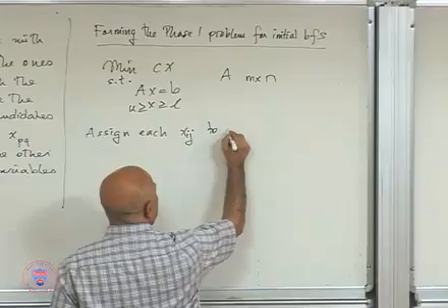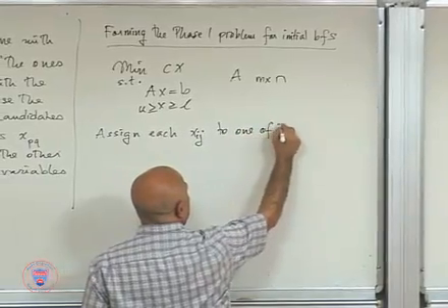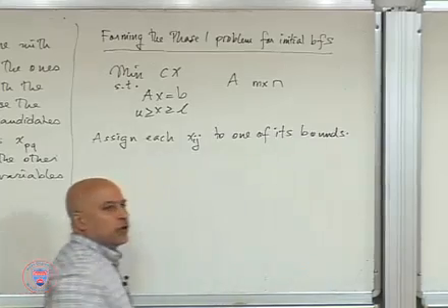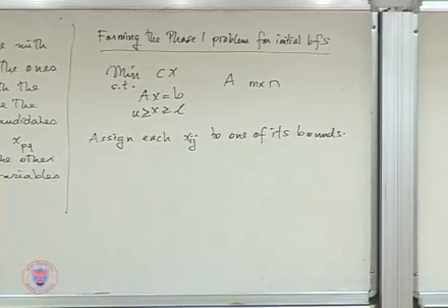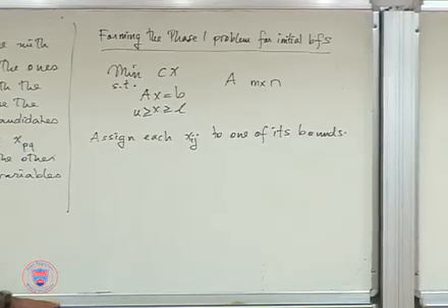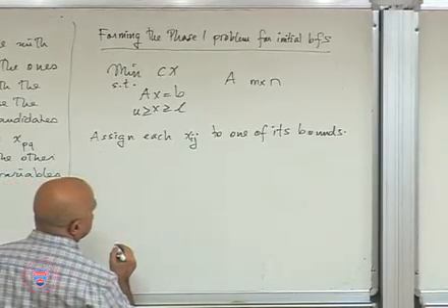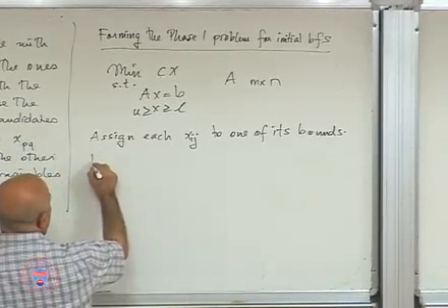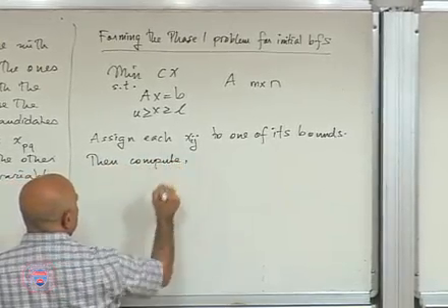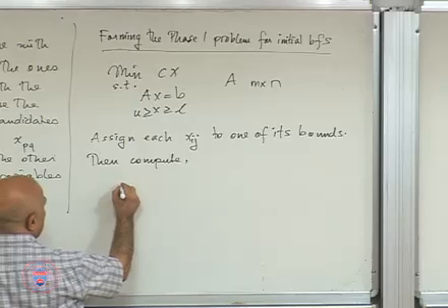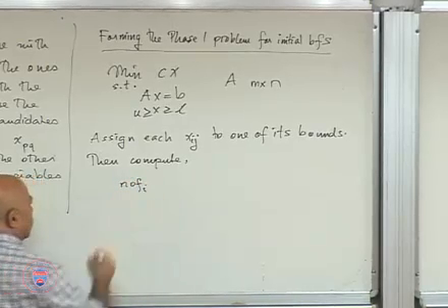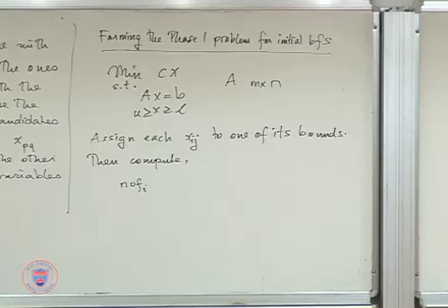Assign each xij to one of its bounds. They will all become non-basic, okay? And once you do this, then compute the total net outflow at node i with those assignments.